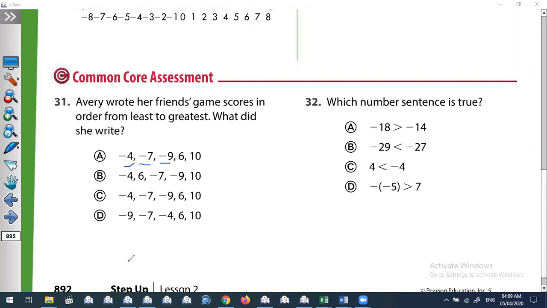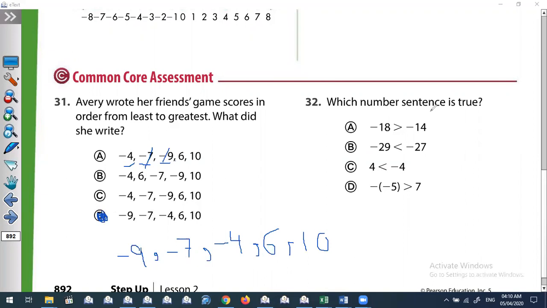The smallest one is negative 9. After negative 9, negative 7. After negative 7, negative 4. Now move to the positive numbers. We still have 6 and 10. The smallest is 6. And after that, 10. Negative 9, negative 7, negative 4, 6, and 10. The answer will be letter D.